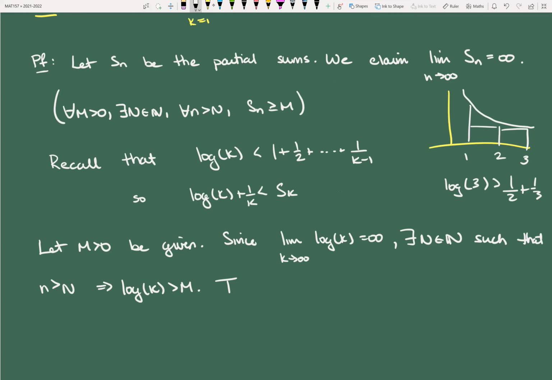Right, and then this will work. So thus, if n is bigger than N, we have Sn is greater than log n, which is greater than m. There we go. Right? So it goes off to infinity.